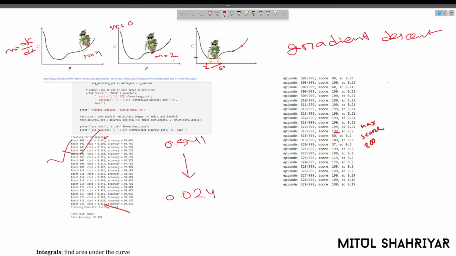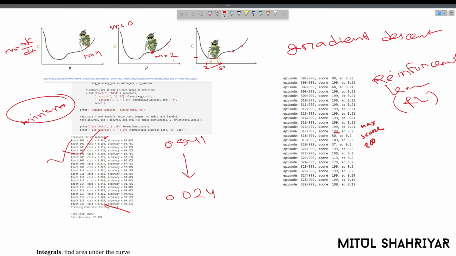At the same time, in reinforcement learning, which we call RL, you can see the goal is different. The goal is totally opposite. The goal is to reach the maximum point. So here we were looking for minima, but here we're looking for maximum. Why? Now the point is, what is reinforcement learning? Basically you have a robot, or maybe a car, something like that.